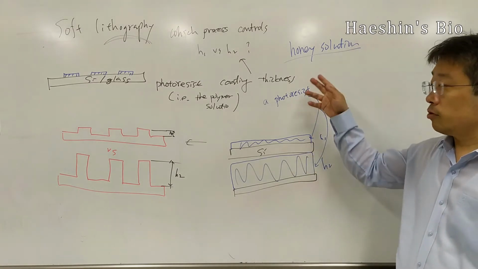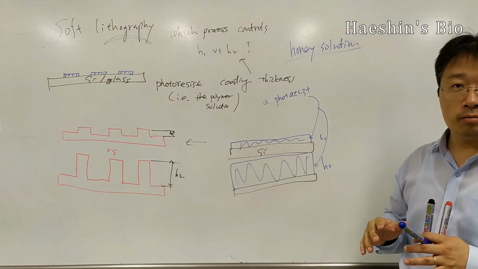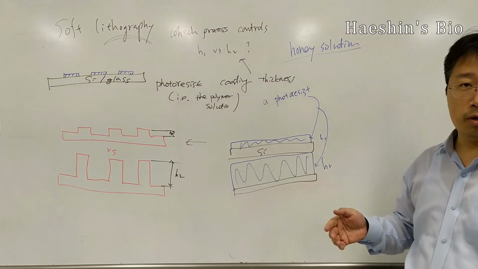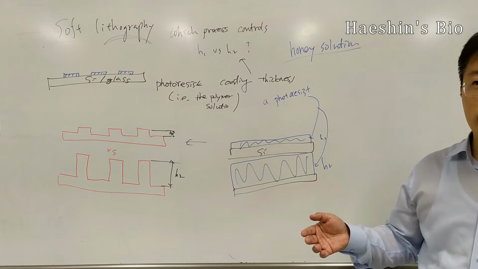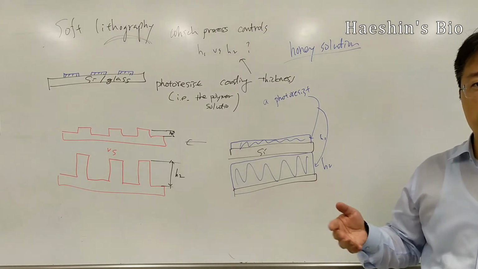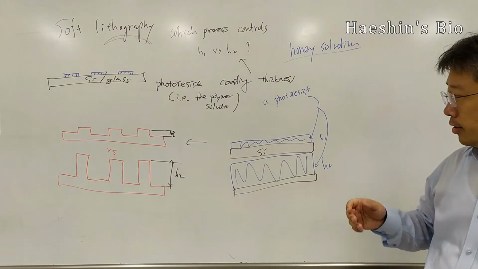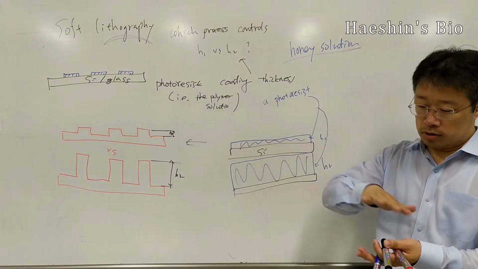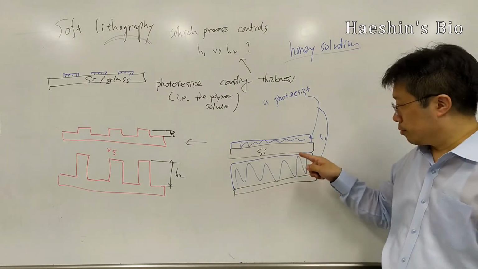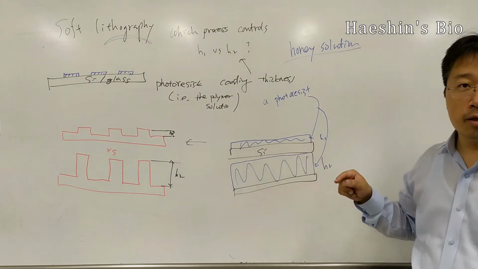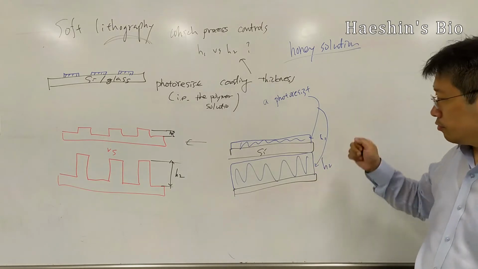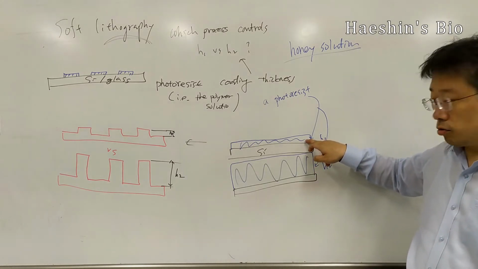But if the honey is mixed with water, 9 to 1, for example, 9 is water and 1 is honey, then it's a little bit viscous, but similar to water. And then you pour it on the surface and rotate it, and make this, right?